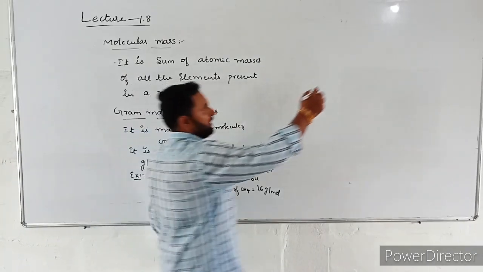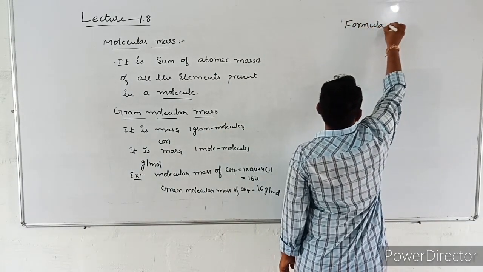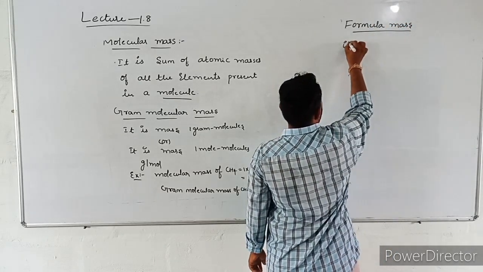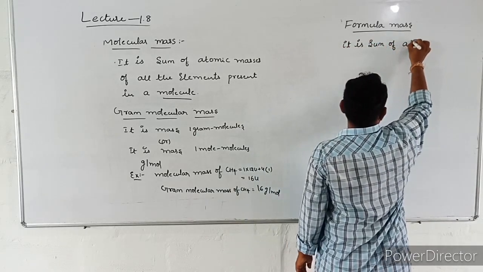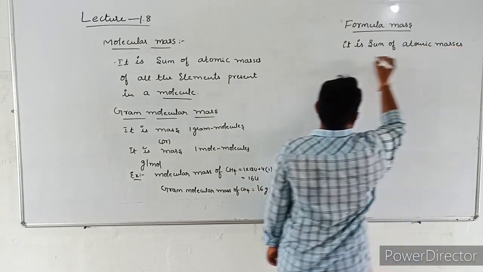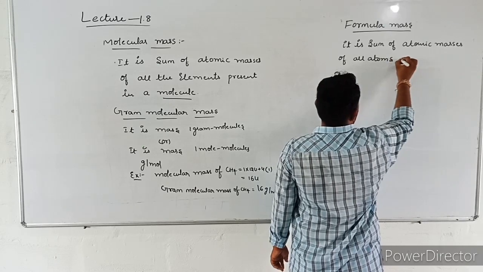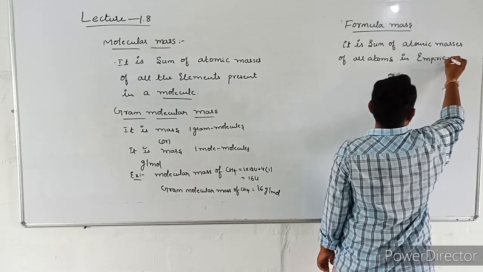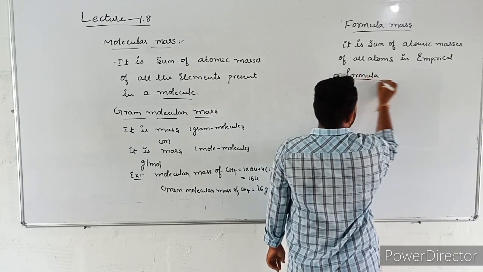The next one, formula mass. What is formula mass? It is the sum of atomic masses of all atoms in the empirical formula.